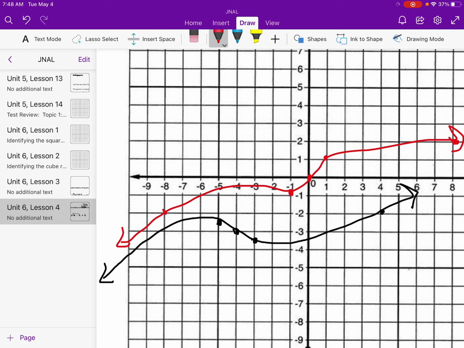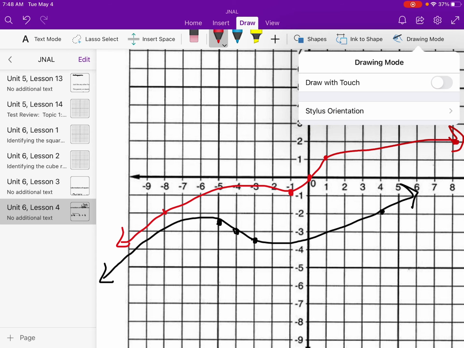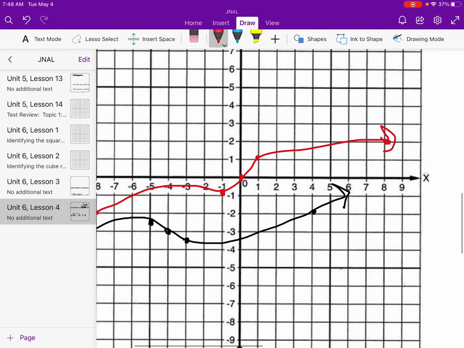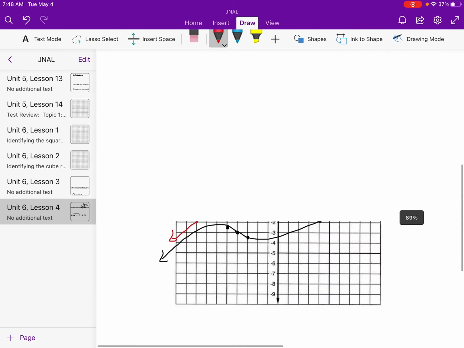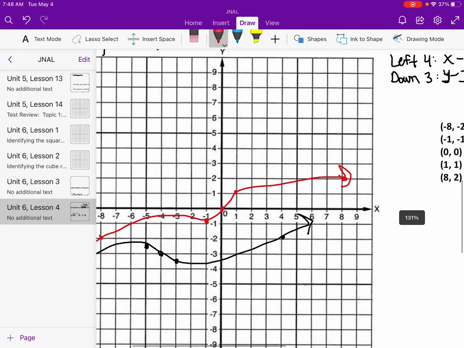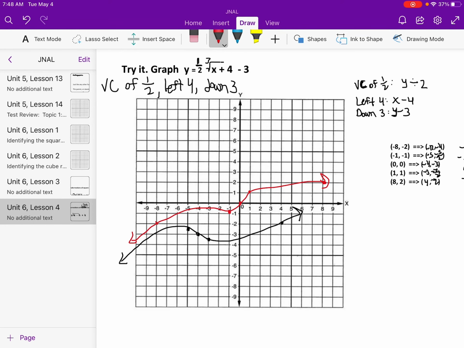It's kind of odd. You almost would think that there was a reflection. Did we have a reflection? No. Did we do something wrong? That seems weird. I guess not. That's how it is.